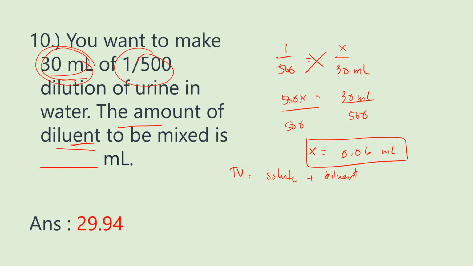So diluent is equal to TV minus solute. Okay, so you have 30 ml minus 0.06 ml. So your diluent is 29.94 ml.